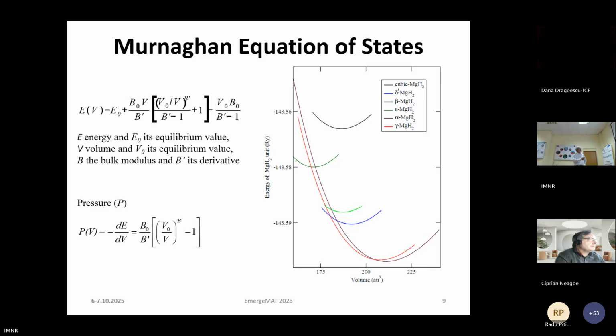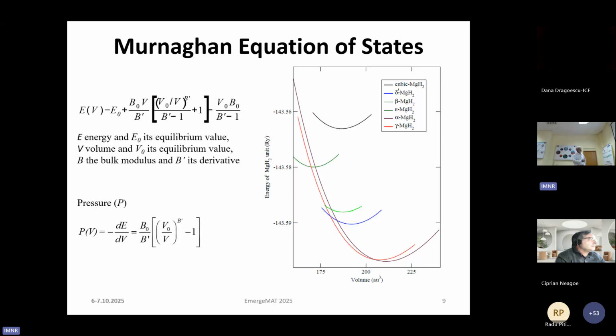And from these curves, we can use a fitting formula like the Murnaghan equation of state, which connects the energy at the minimum of these curves, the bulk modulus, the equilibrium volume which corresponds to this minimum, and the derivative of the bulk modulus.